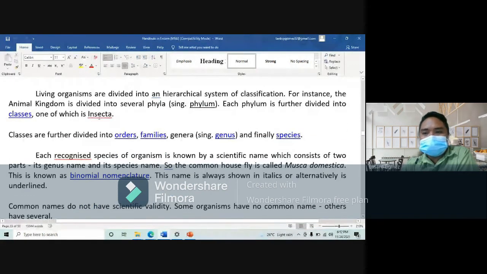Okay, from this class of insects, it is further divided into orders, families, genera, which is plural for the genus, and finally species. So kung imo makita ang scientific name sa insects like this one, Musca domestica, or what we call the common housefly. Musca is its genus and domestica is its species.